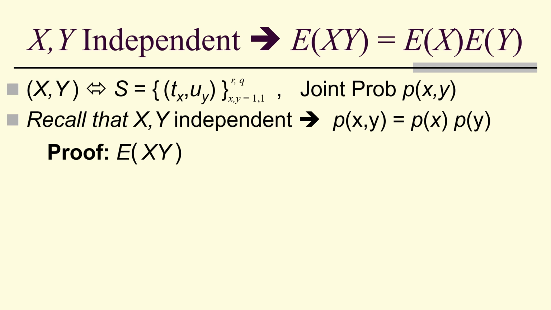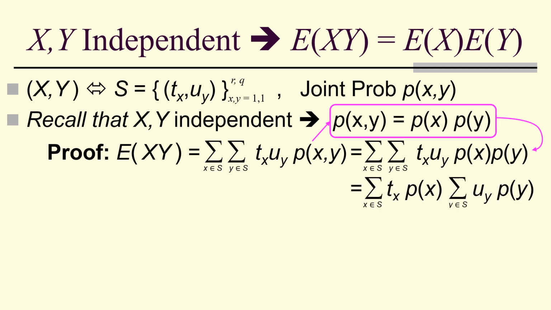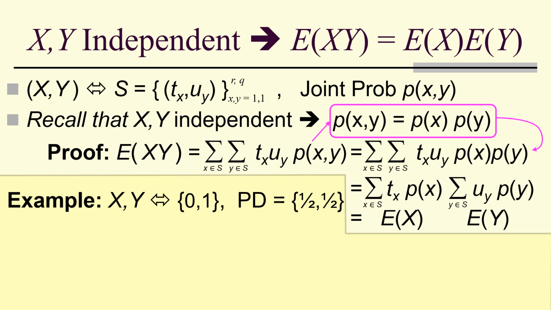We take the expected value of x times y, which is the double sum over x in S and y in S of t sub x, u sub y, p of xy, but p of xy is the product p of x, p of y. So now we bring the p of x through the sum over the y, and we've got E of x, E of y.